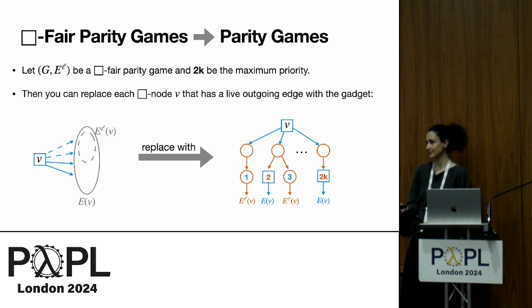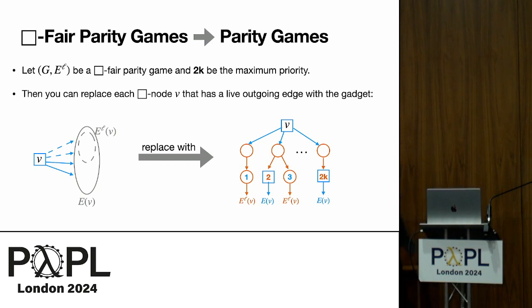However, it is not really allowed to choose its successor, because if this is seen infinitely often, it has to take its dashed edges infinitely often. If it doesn't do so, then it loses. But it seems like in the parity game, it can choose its successor all the time by taking the leftmost edge. However, if it does so, then it pays the price of 2k infinitely often. And 2k is the maximum priority in the game, and it is even, so this will make it lose.